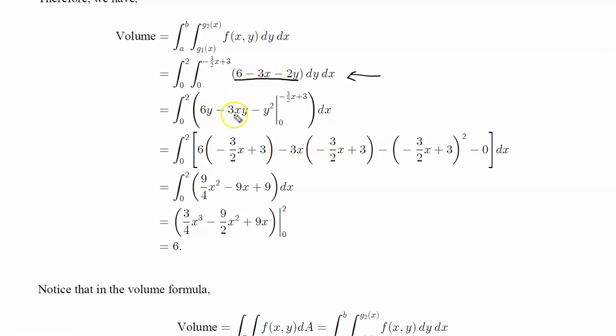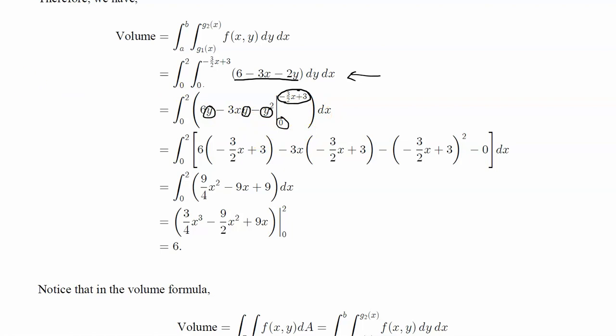The antiderivative of 3x is 3xy, since 3x is just like a constant. The antiderivative of 2y with respect to y is y squared. Evaluate that from 0 to negative 3 halves x plus 3. Anywhere you see a y, you put this in, and then subtract what you get when you put in 0 for y.